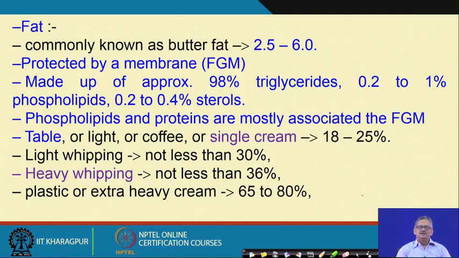By the way, though milk fat is normally known as butter fat, butter also has a high percentage of fat, around 82 to 83%, right. That is why milk fat is also known as butter fat.